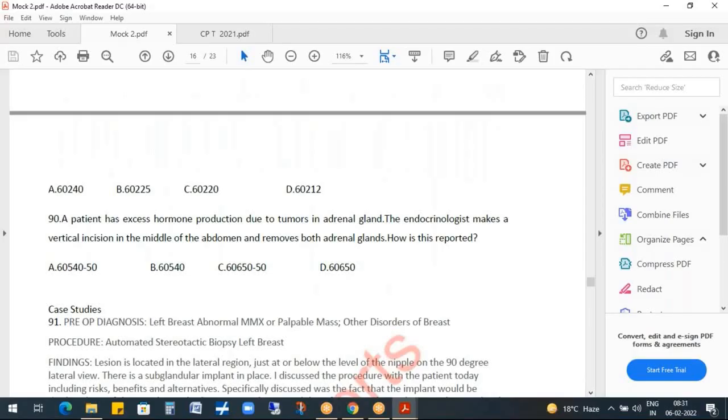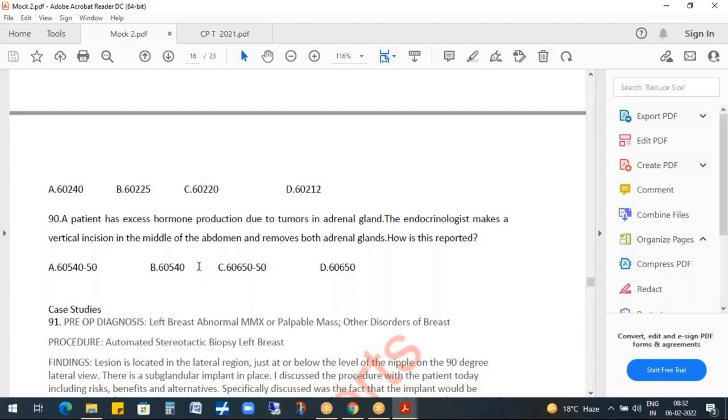That means left and right they have removed or not? Yes, sir. Okay, then if removed both, what is in the code description? Is there any bilateral term in the code description? No, sir. That's a unilateral code description performed bilaterally. Then what is the modifier? 50, sir. Okay, sir.